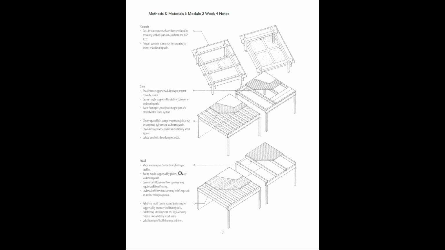And then wood, on the other hand, if you come down here, very similar to what we're seeing here with the steel. We still have our load-bearing wall here on the left side, and then that's going to have your joists that are coming across, and they're tying into the columns here on the right side.